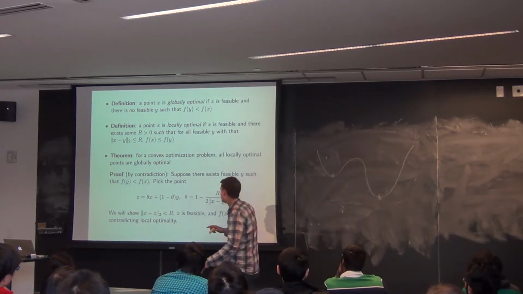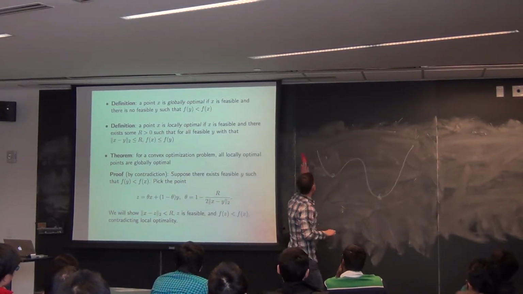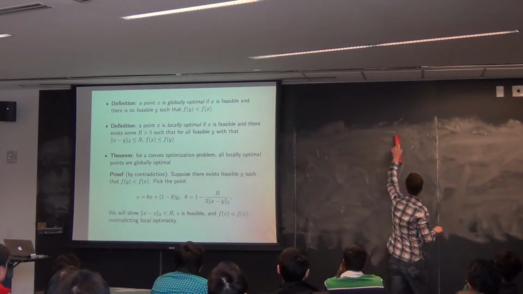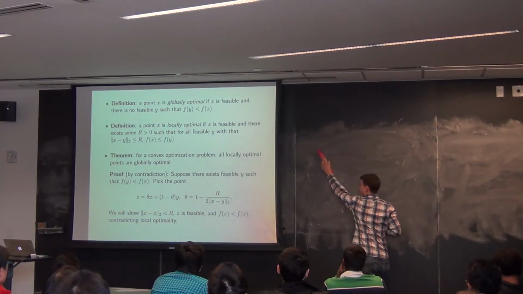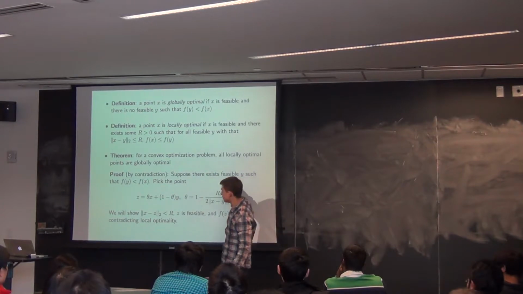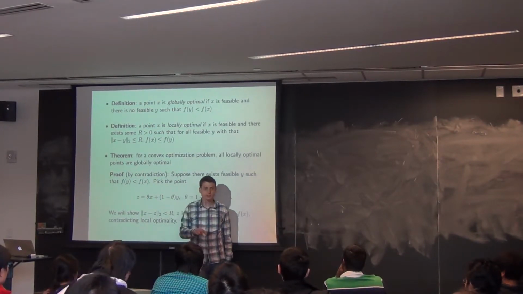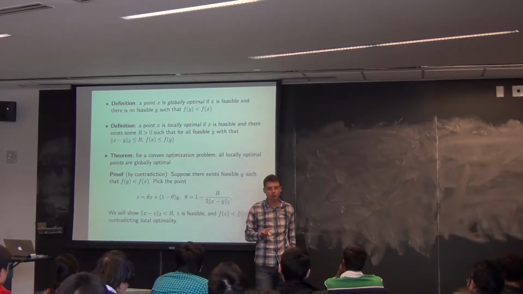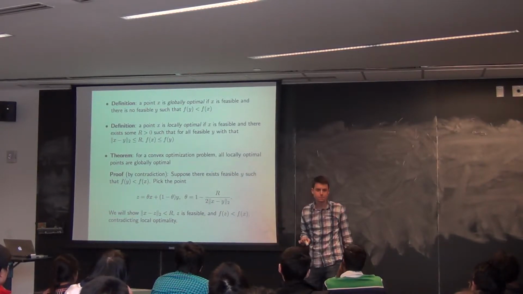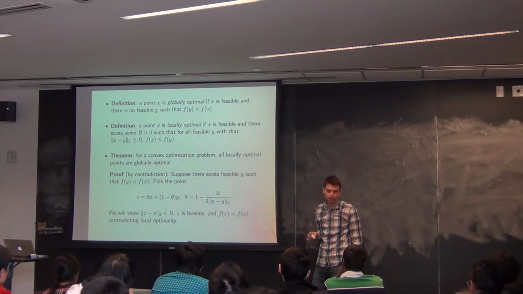And why is that true? Well, we're just going to prove this by contradiction. We're going to assume that there is some point y such that f of y is less than f of x. So we'll assume that x is not a global optimum, but it is a local optimum.